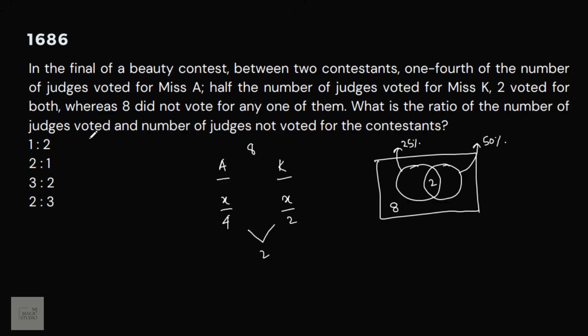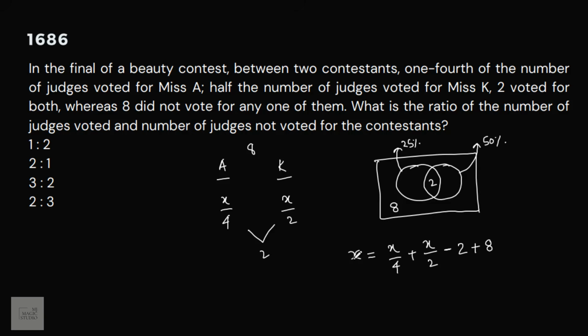What is the ratio of the number of judges who voted to the number of judges who did not vote for the contestants? We need to find this n is to this. Now the total number of votes is x. This equals the number of judges who voted for the first one plus the number who voted for the second one minus the common one, A plus B minus A intersection B, plus those who haven't voted.